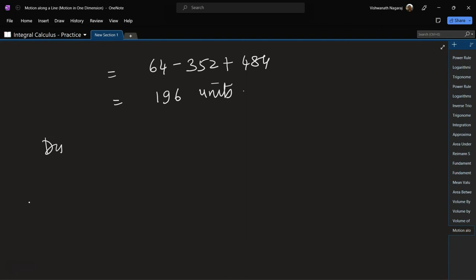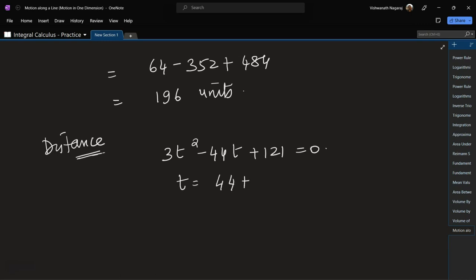Now let's look at the distance. For distance, we require the zeros of the velocity. So let's figure that out. Our velocity is 3t square minus 44t plus 121 equal to 0. Okay. Now let's again use the quadratic formula.